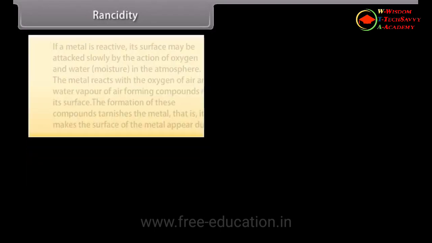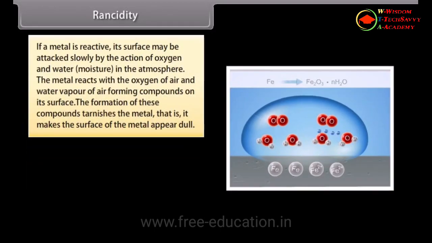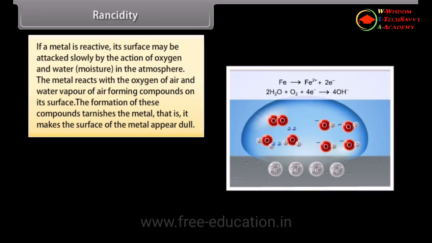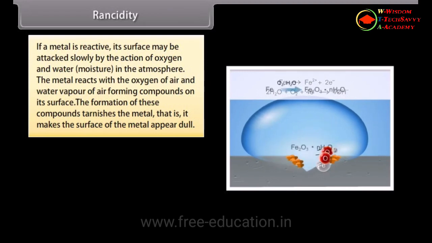If a metal is reactive, its surface may be attacked slowly by the action of oxygen and water in the atmosphere. The metal reacts with the oxygen of air and water vapor of air, forming compounds on its surface. The formation of these compounds tarnishes the metal. That is, it makes the surface of the metal appear dull.